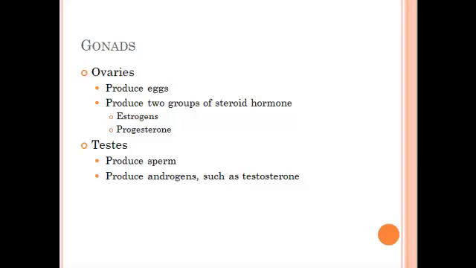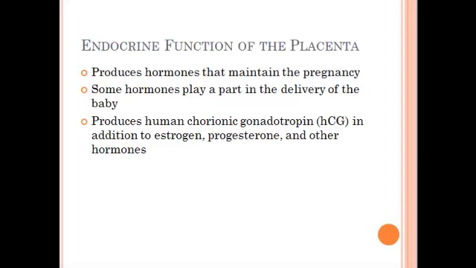Finally, there is the placenta as well. There are other organs within the body that do release other endocrine hormones. I want to mention the placenta real quick, and this is during pregnancy.